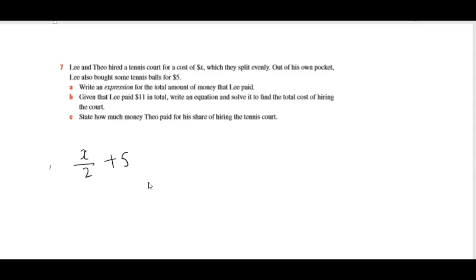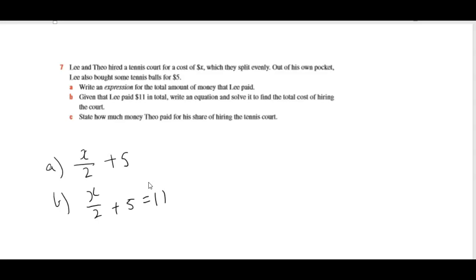So that's the expression. Given that Lee paid $11 in total, that expression is going to be equal to $11. State how much money Theo paid for his share. So, hold on, let me just think.